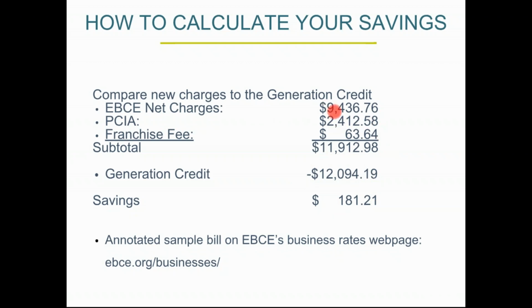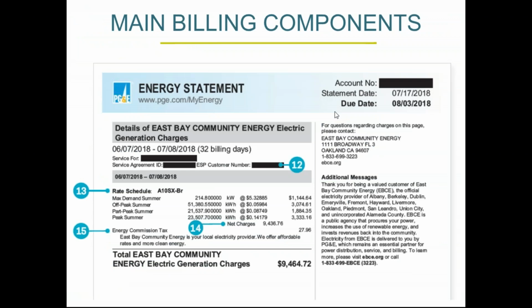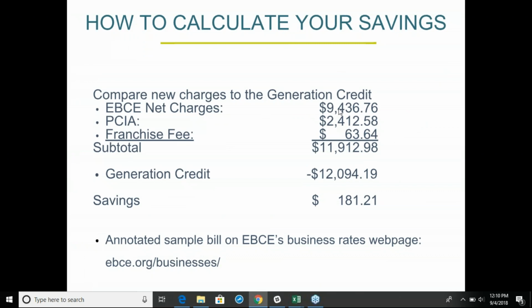So the first one listed here is EBCE net charges. And if you go here, you'll see EBCE net charges of $9,436. And here it is, $9,436. And then do the same for the power charge and difference adjustment and the franchise fee, which you can see is $24.12 and $63.